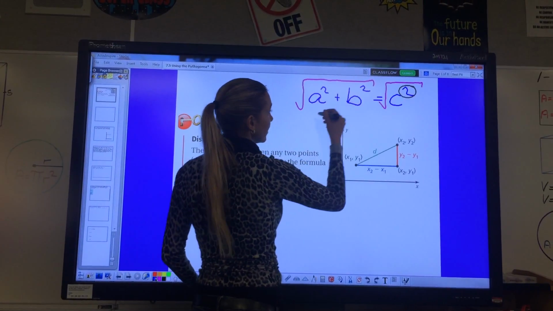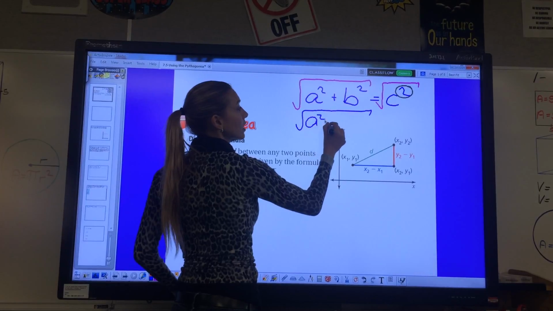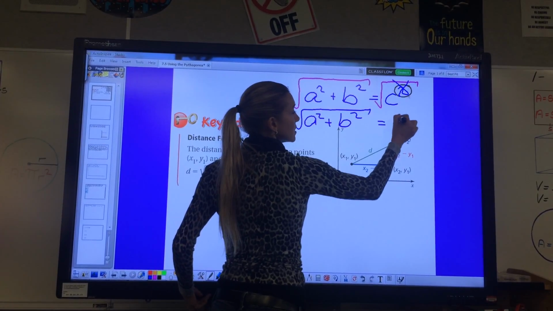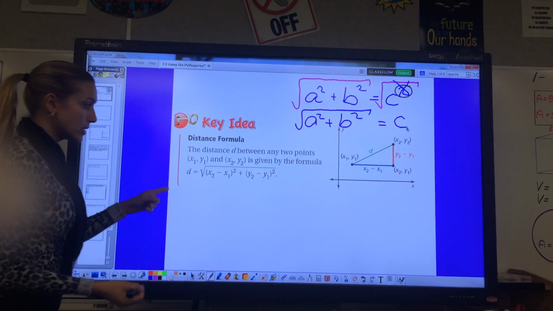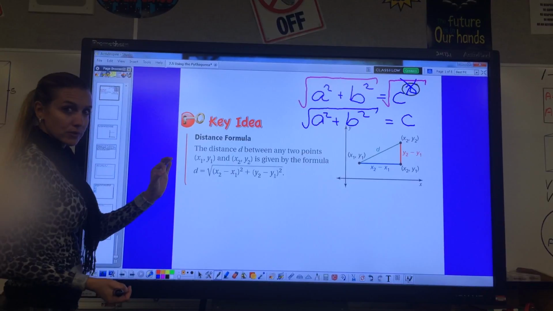The exponent will not be there anymore. You would have the square root of a squared plus b squared equals C. So the distance, the D, between two points.